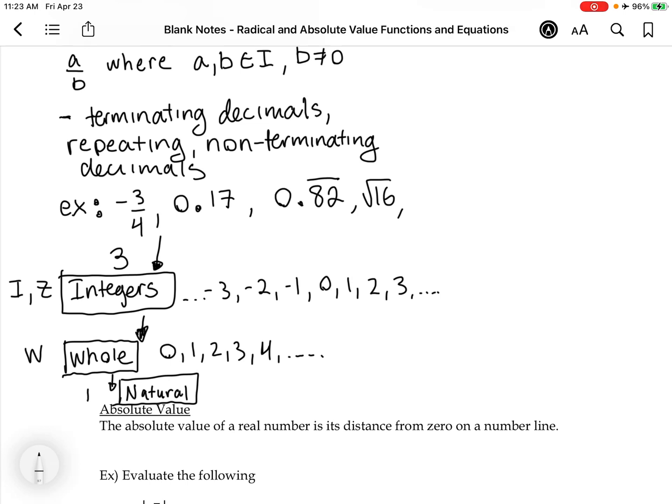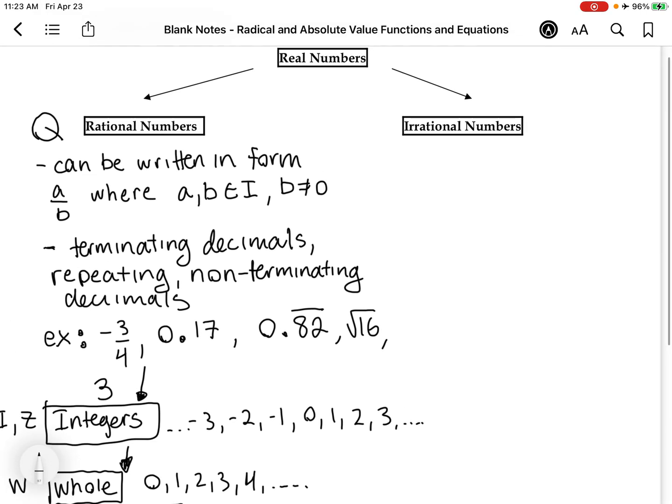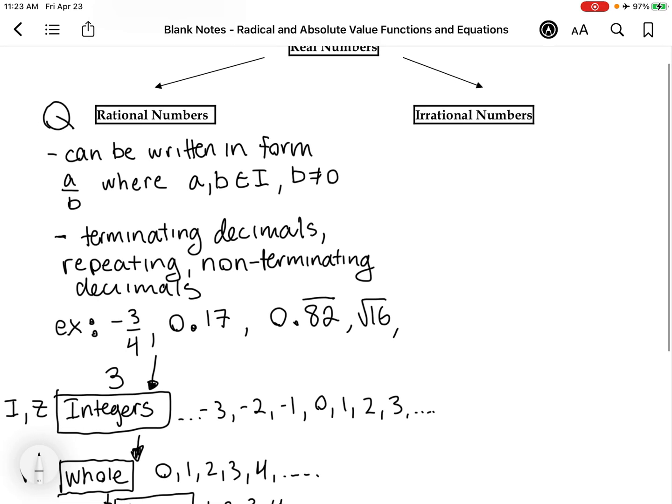And the natural numbers, we use the letter N. And the natural numbers are essentially the whole numbers starting at 1. So all the whole numbers except for 0. Okay, so this is kind of a summary of the rational numbers.